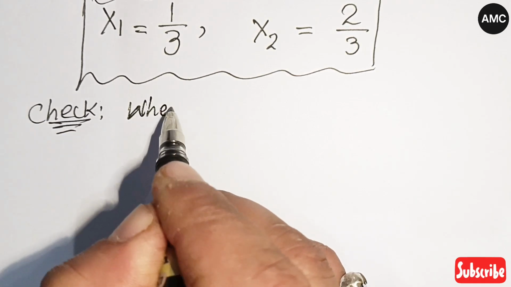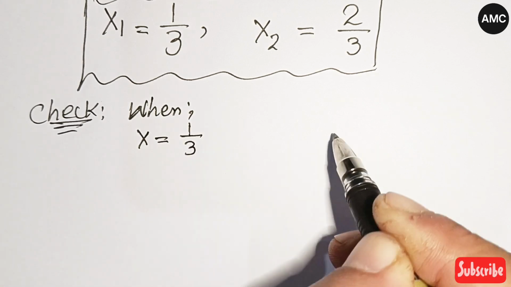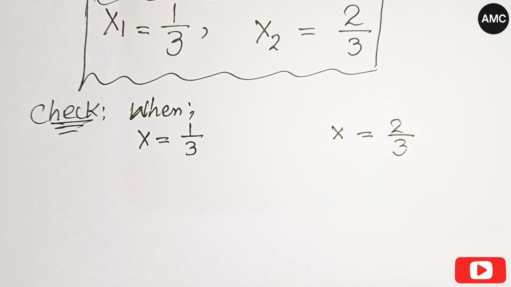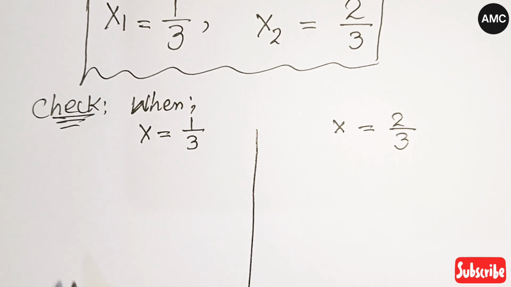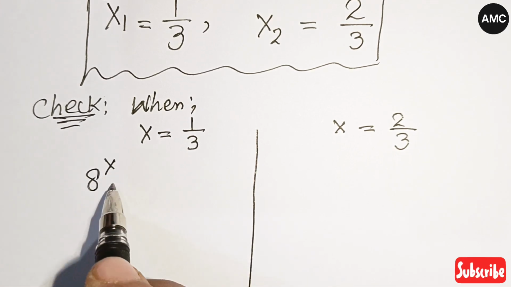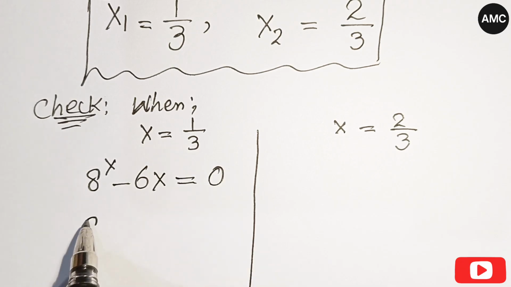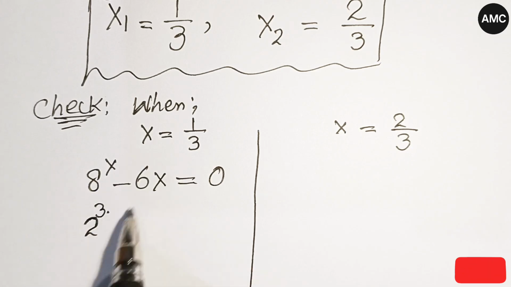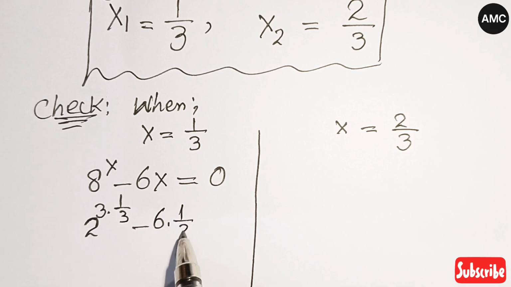Here we have the value of x is 1 over 3, and here we have the value of x is 2 over 3. Now recall our problem, which is 8 to the power x minus 6 times x is equal to 0. So 8 can be written as 2 cubed, and with x equal to 1 over 3, we get 2 cubed to the power 1 over 3 minus 6 times 1 over 3.